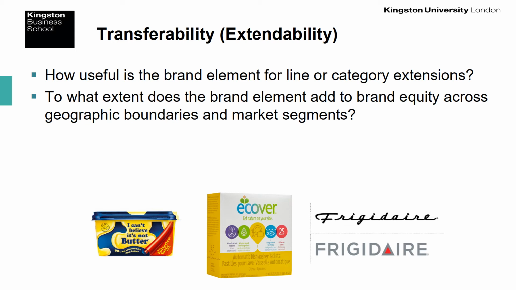And what we really mean here is how the brand elements allow or don't allow the brand to be expanded and extended across its existing product line, into new product categories, into new countries, etc. So if the brand elements are very rigid and fixed and narrow, then there won't be much scope for transferability.